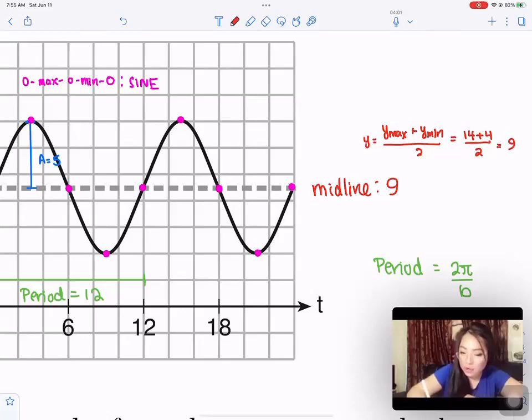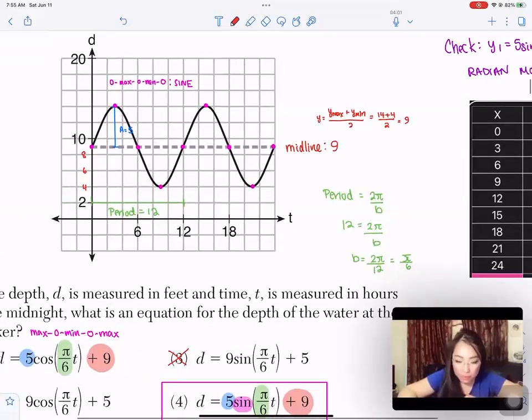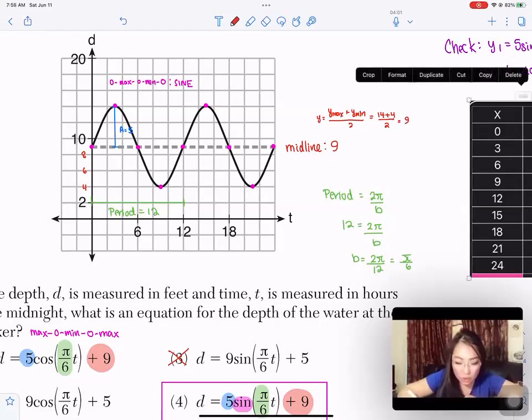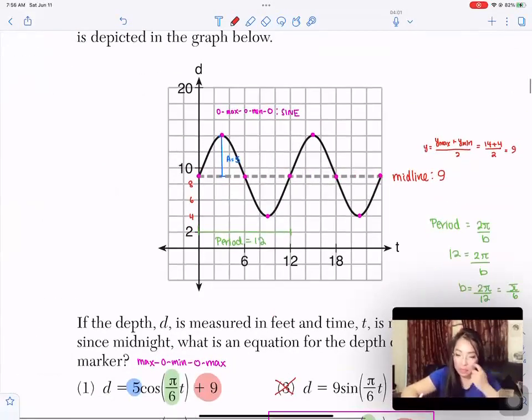So your midline is the average of your maximum value and minimum value of the y value. And your period is equal to 2 pi divided by b. And so the period is your 0, max, 0, min, 0, because that's sine, and that's 12. So if I want to find the b value, b is equal to 2 pi divided by 12, which is pi over 6.